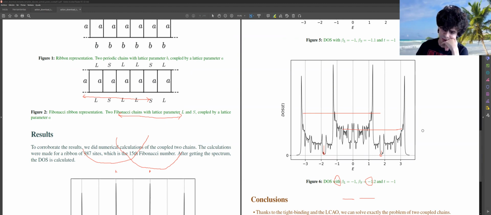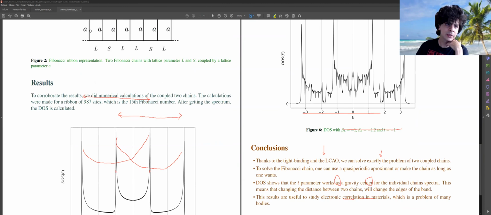So, what can we conclude about all of this? First, thanks to the tight-binding Hamiltonian and the linear combination of atomic orbitals, we can solve exactly the problem of two coupled chains in the periodic situation.